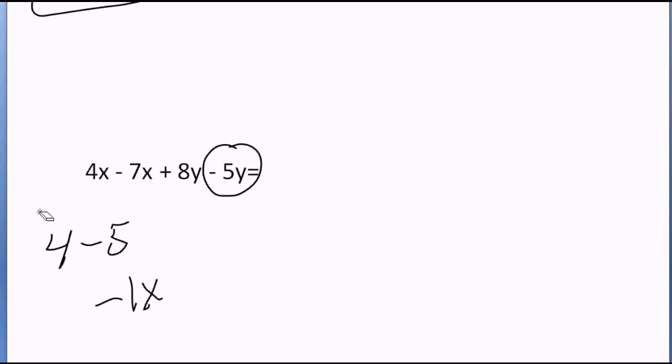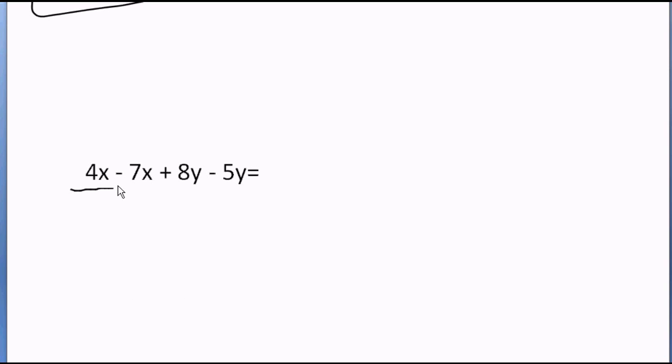Oh, I was looking at the wrong problem. 4x and minus 7x. Here's the x's right here. I thought they were separate. 4x minus 7x. 4 minus 7 is a negative 3x.